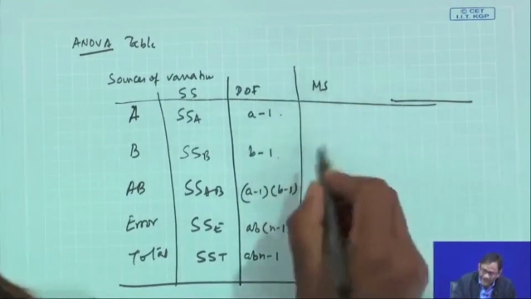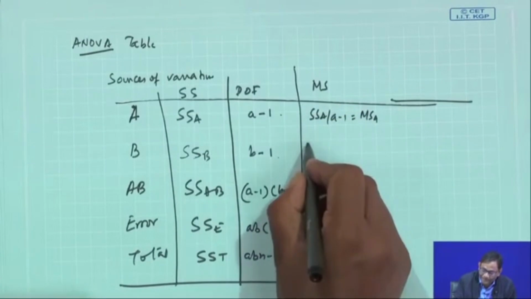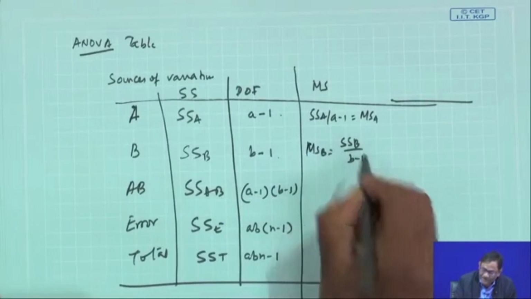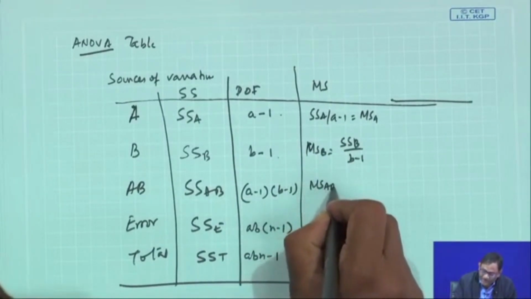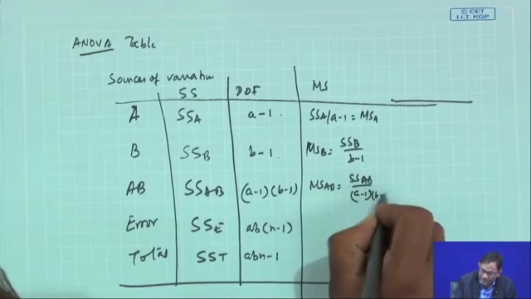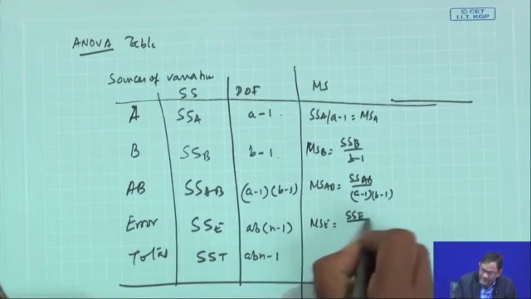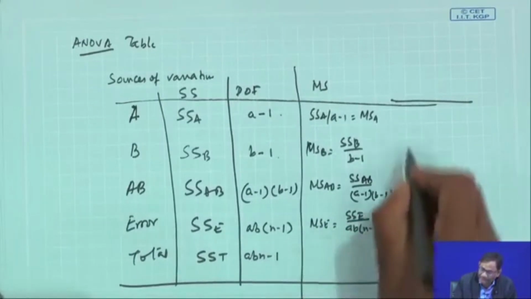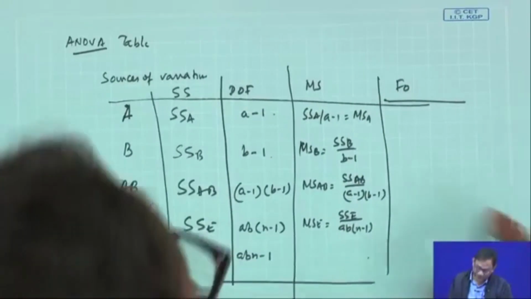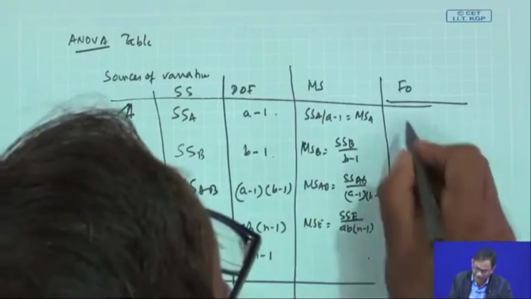Then you calculate MS: SSA by a minus 1 is MSA, MSB will be SSB by b minus 1, MSAB will be SSAB by a minus 1 into b minus 1, and MSE will be SSE by ab into n minus 1. Then you find F0. Here please understand, we have three null hypotheses, related to A, B, and AB.